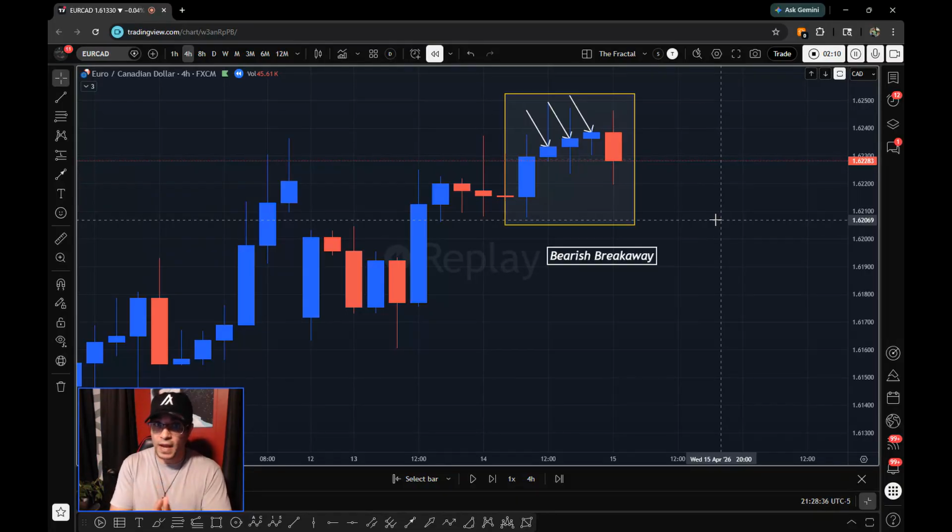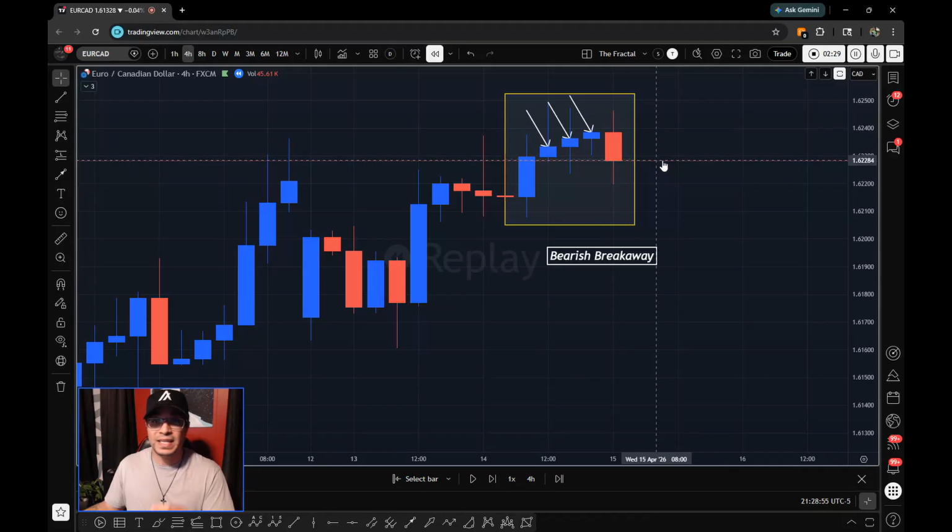Now the final part, part 3, is considered the confirmation candle, or a large bearish candle. Now, this candle also has to follow a certain rule. And that rule is that on the close of this bearish candle, this candle has to engulf all of the 3 previous candle opens.